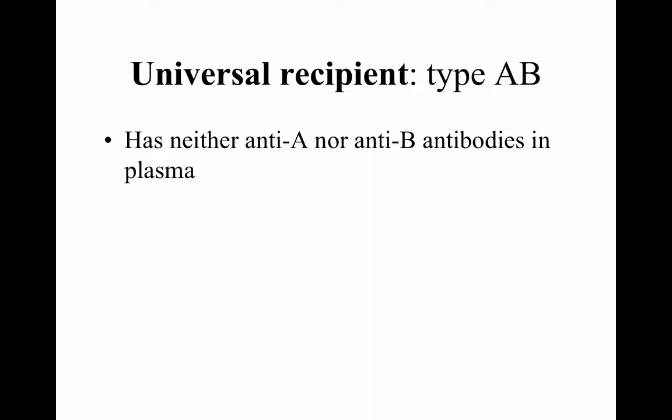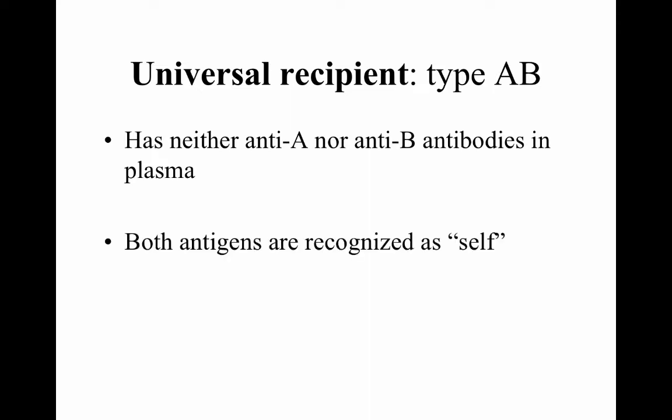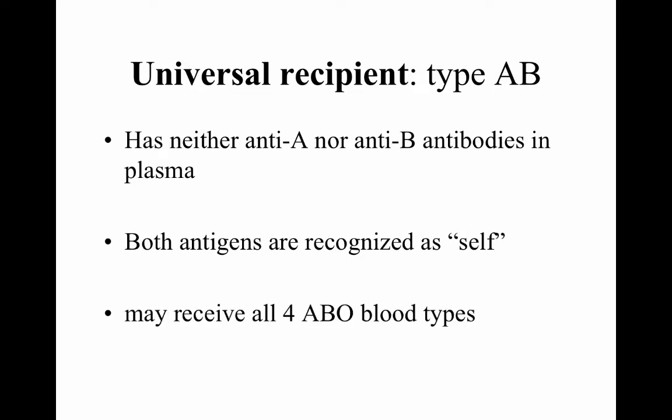Universal recipient is type AB, meaning that type AB can receive blood from any of the other blood types. Because it has neither anti-A nor anti-B antibodies in the plasma, and both antigens are recognized as self, it may receive all 4 ABO blood types, so universal recipient.